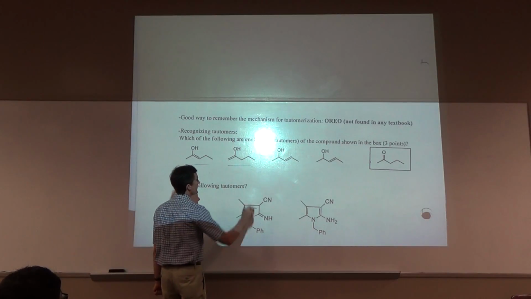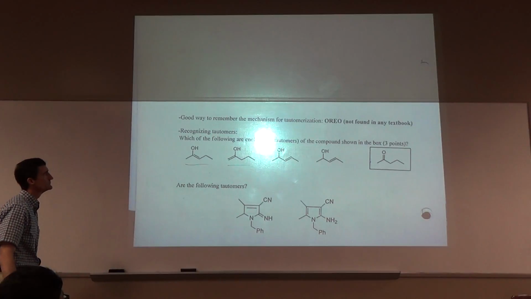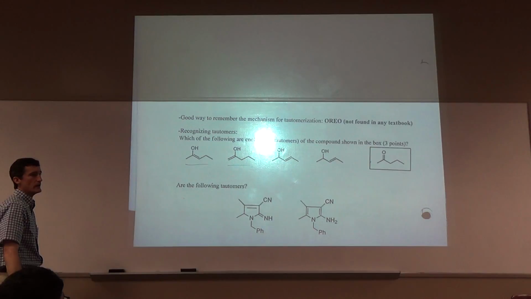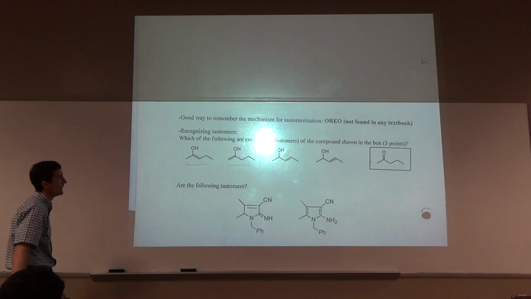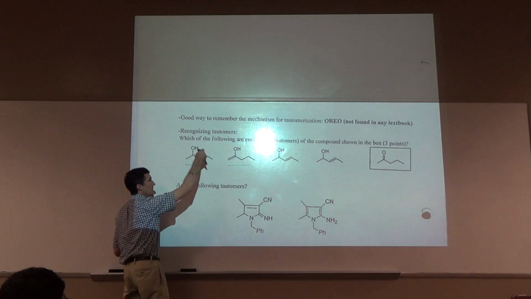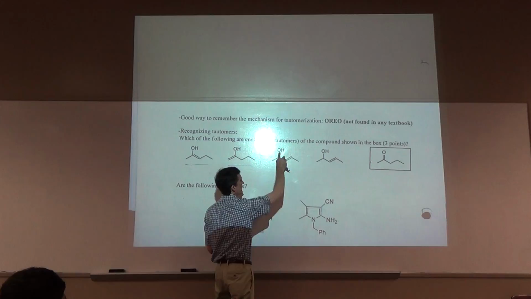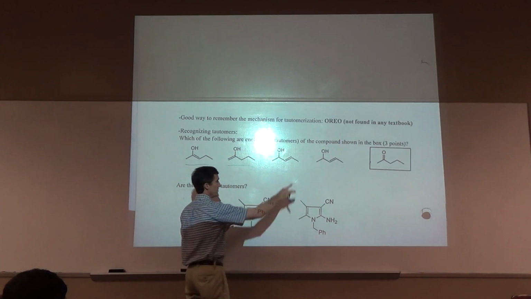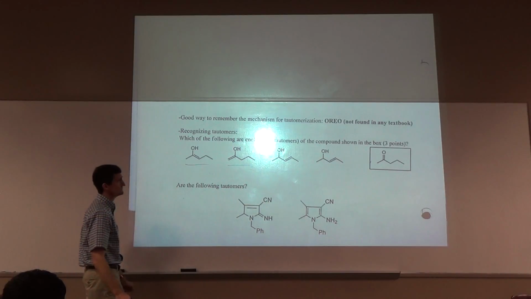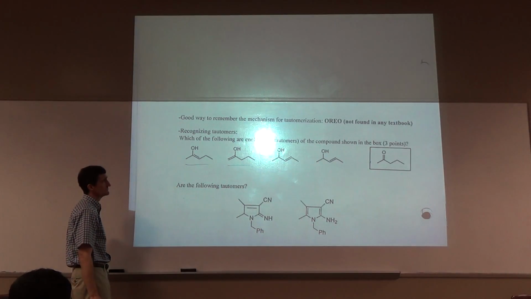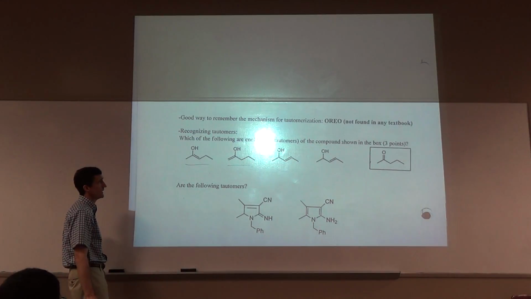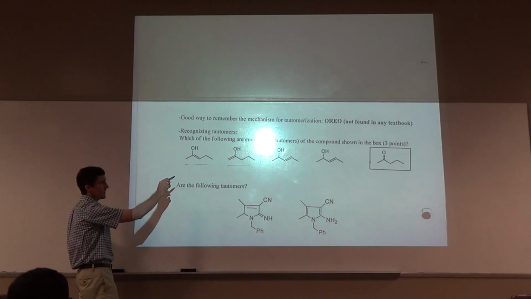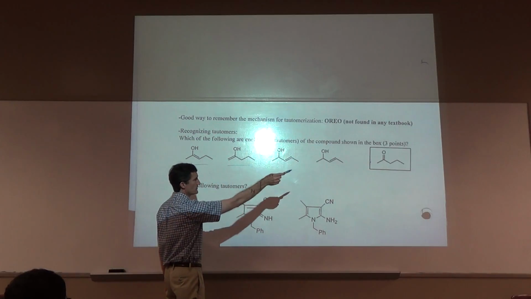Yeah, the first two. Those are your enol tautomers. Enol: the alcohol is on the ene. That's not an enol. That's not an enol. These are enols, and they are tautomers of that.